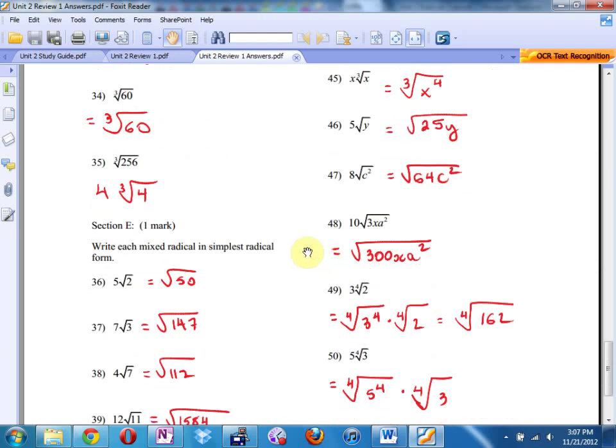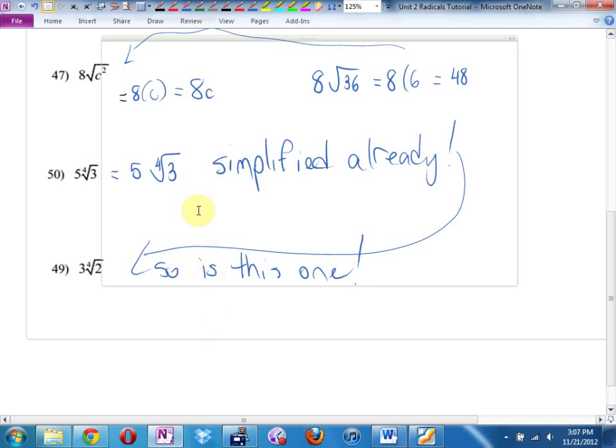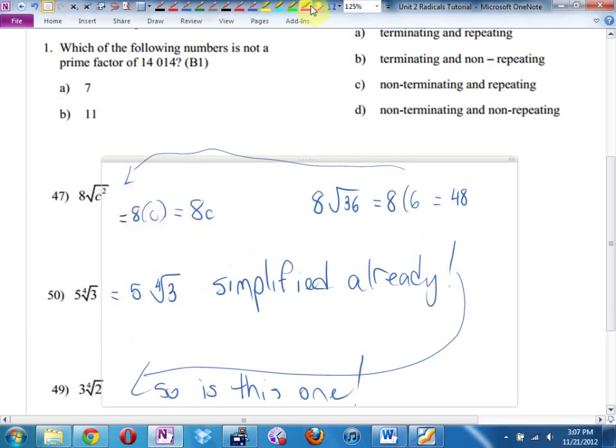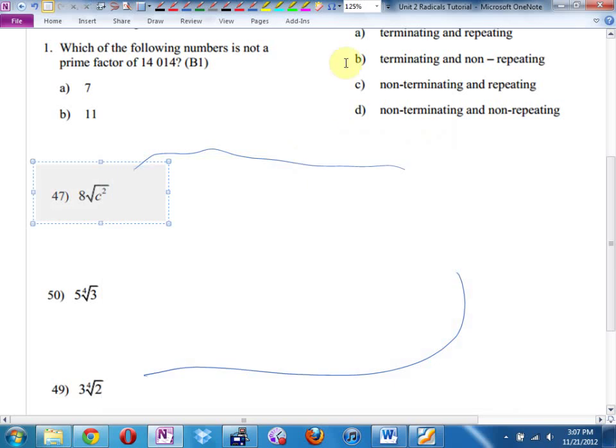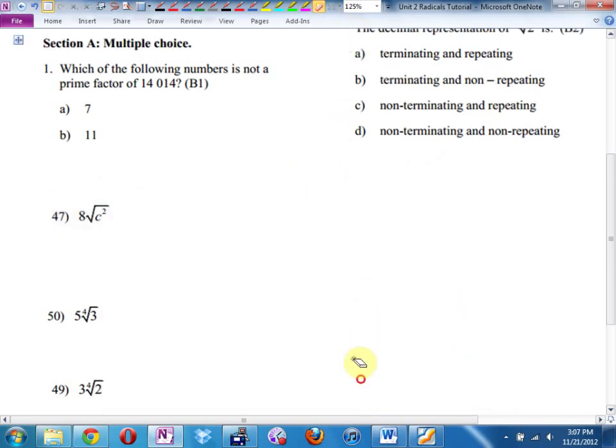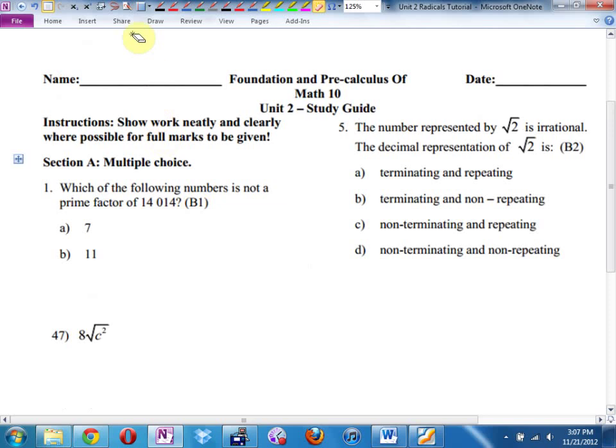So let's take all that back and say, whoops. What the instructions should say is write as an entire radical.